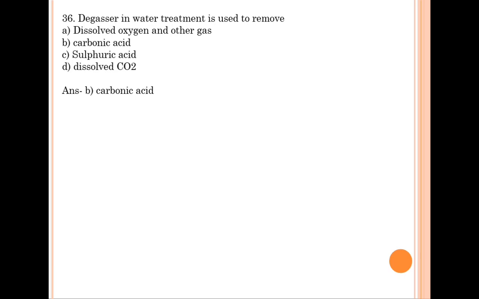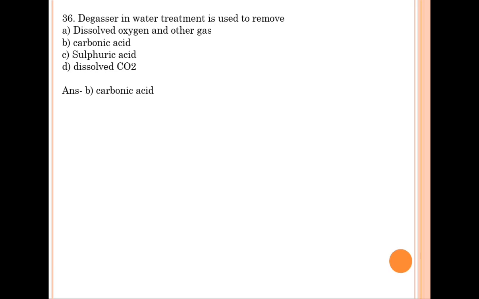So here you see the answer is carbonic acid, B, because in the DM plant, after the filters, the first stage we are using strong acid cation. In this cation exchanger, the cations are the positive ions.